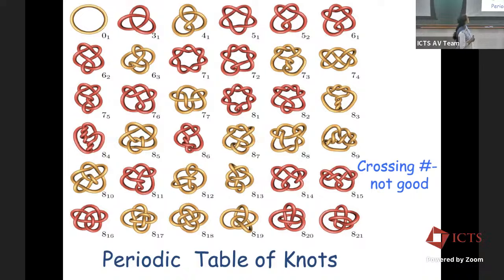The 3 refers to 3 crossings, 4 refers to 4 crossings, and in 5 there are 2 distinct, topologically inequivalent objects. So you see that the crossing number is not very good. Just like atomic number and atomic weight, the crossing number is not a very good thread to distinguish the atoms which are knotted vortex lines in the ether medium. This is what they sometimes call the periodic table of knots.